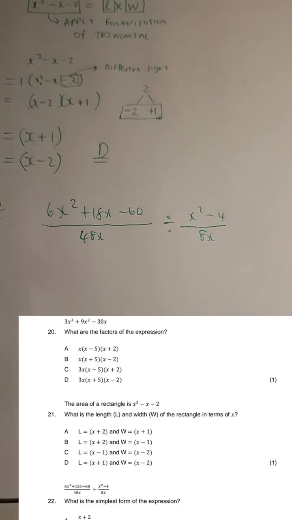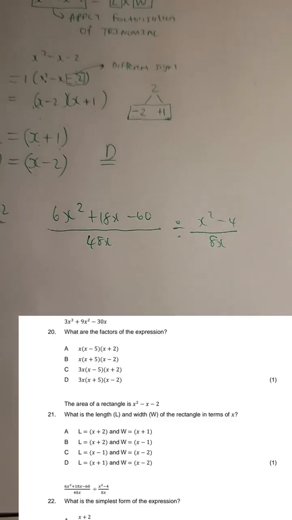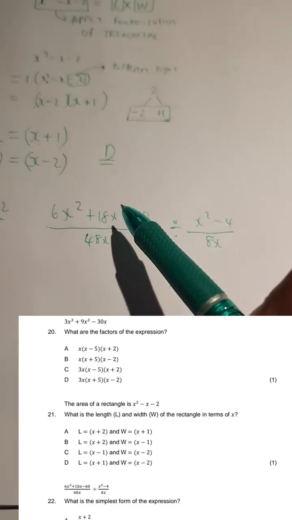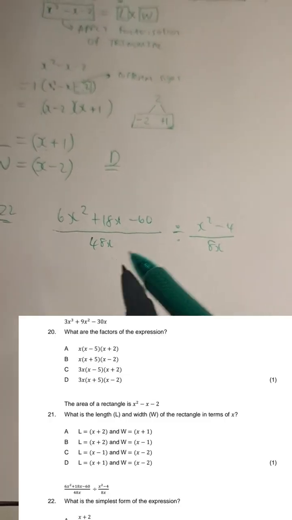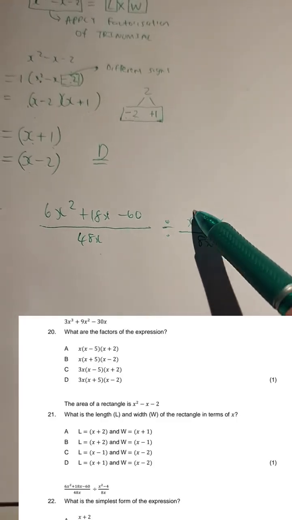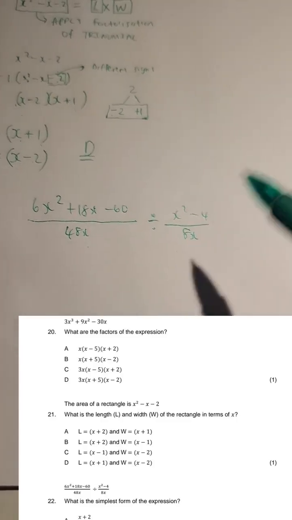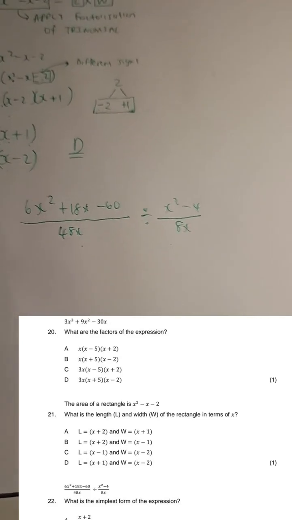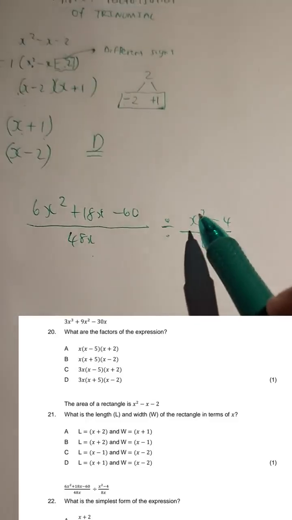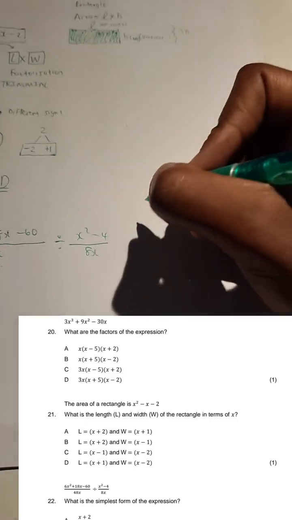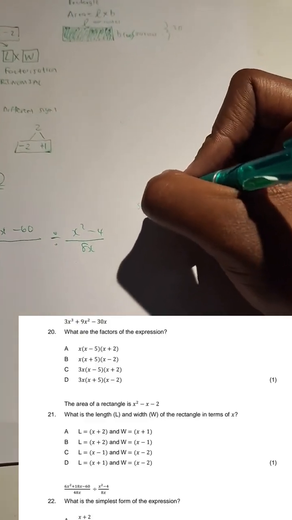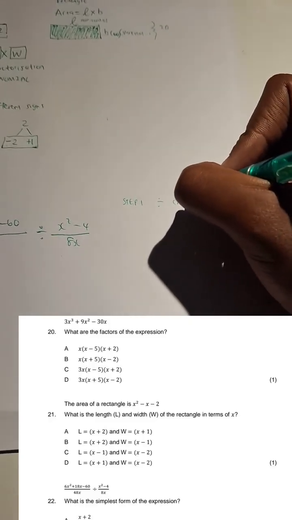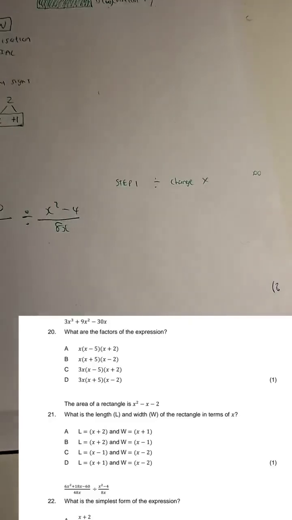Now, in simplifying an expression in grade 9, we should have learned that if there are fractions and there's division and another fraction, step number 1, wherever we have a division sign, we need to change that to multiply.